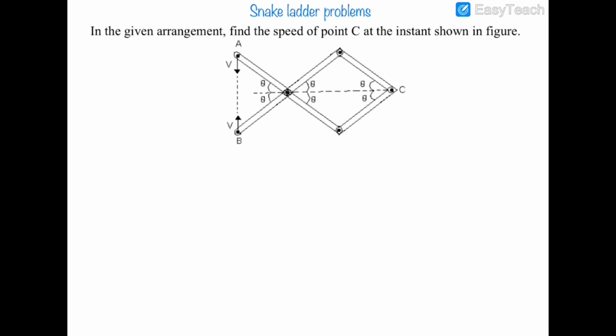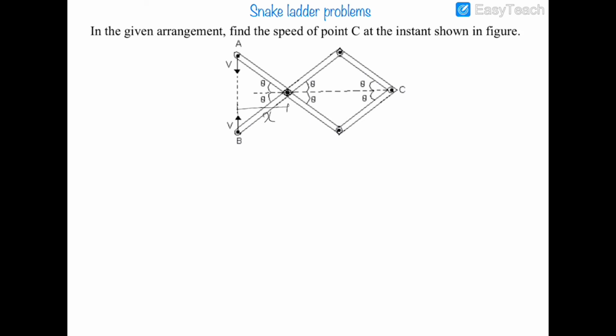Now in this snake ladder problem, we are given that the velocity of points A and B is v. The velocity of A is in downward direction and the velocity of B is in upward direction. Let's suppose that this distance is x.